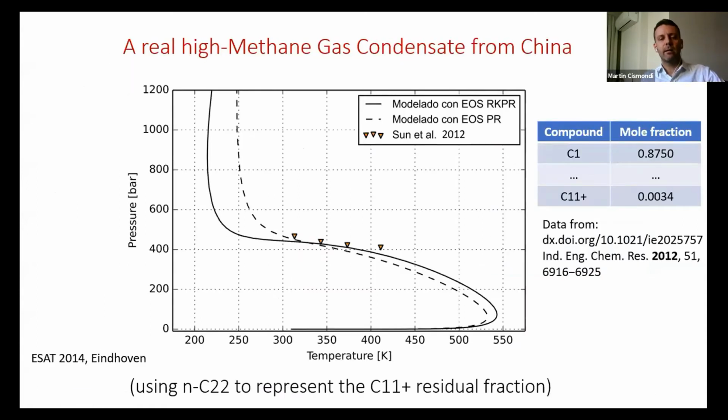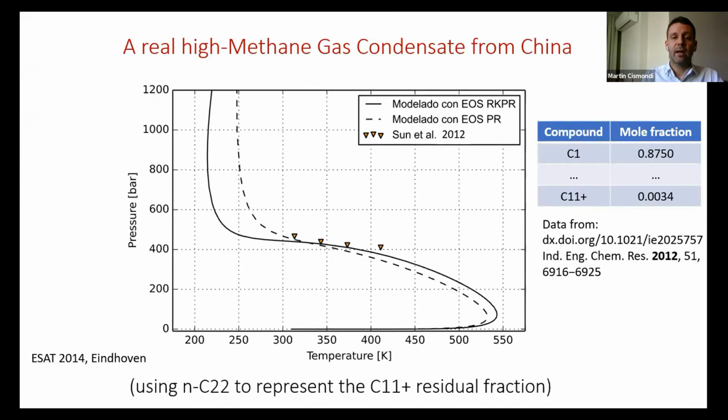But we had another example, in this case, for a real gas condensate from China. Here you have the details of the publication. This is 87 the mole fraction of CO2, so quite high. So it's approaching the natural gas, but it has still an important quantity of heavy fraction.